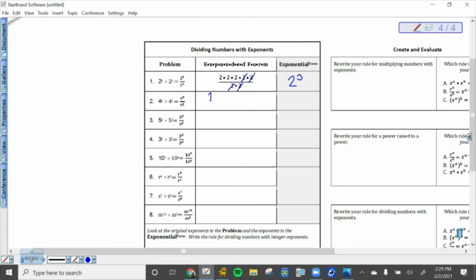So 4 to the sixth, 1, 2, 3, 4, 5, 6 fours over 2 fours. And again, I can cancel out 1 from the bottom, 1 from the top, 1 from the bottom, 1 from the top. How many are left over? 4. So my exponential form is going to be 4 to the 4th.